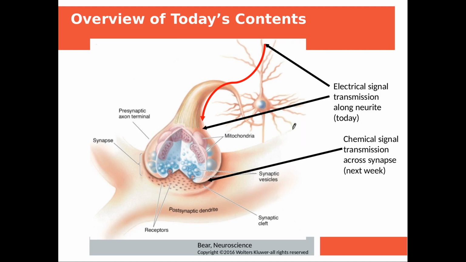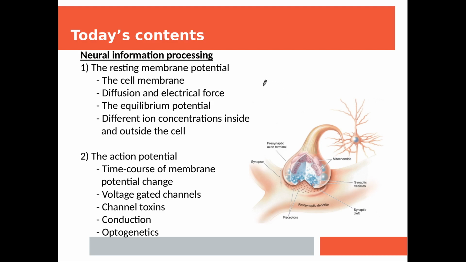And to understand action potential, we have to understand what is membrane potential and what is resting potential. So today the two main topics start with the resting membrane potential. Within that, I'm going to cover a couple of different subjects.